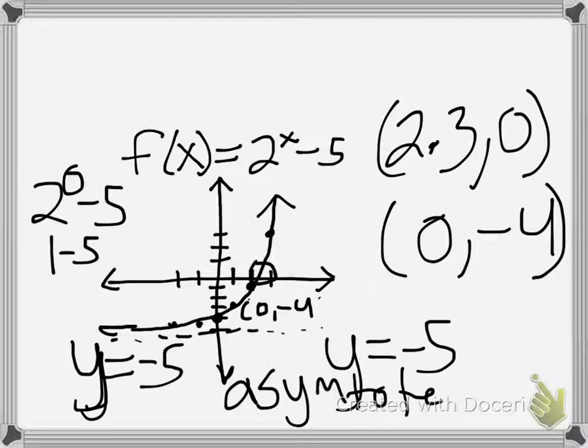I looked at my table, and it was between 2 and 3. It looks like it was closer to 2, so I just labeled it 2.3. That's just guessing it without using logarithmic functions. So that's it. What about intercepts?